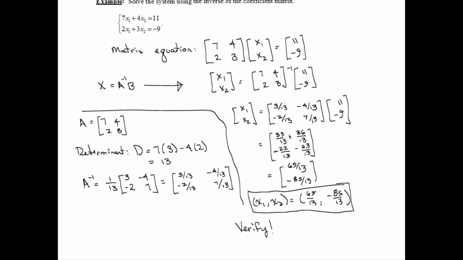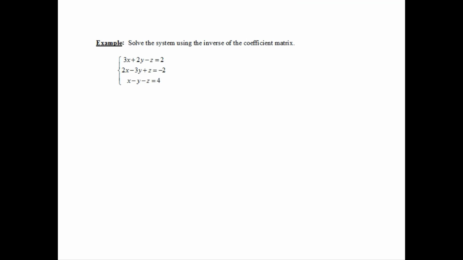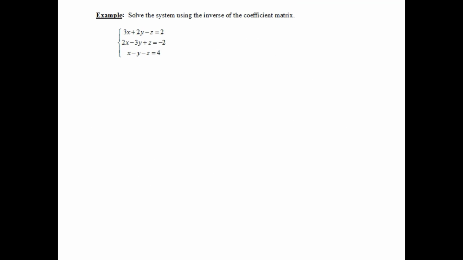Let's do a 3x3 example. Let's solve this system using a matrix equation and the inverse of the coefficient matrix. So the first thing we need to do is write our matrix equation.